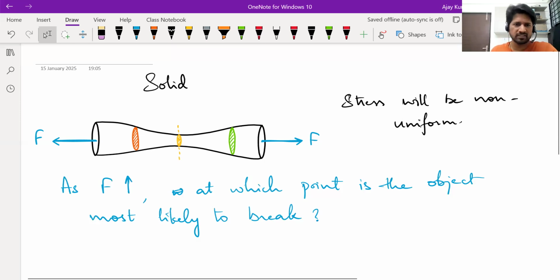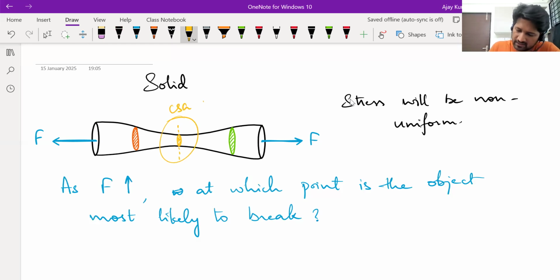The perpendicular force, tension, is same for all these cross sections, but at the midpoint, the cross sectional area is the least, minimum. If cross sectional area is minimum, then tension per unit area, the stress, longitudinal stress to be specific, will be maximum at this point for any amount of force you apply.